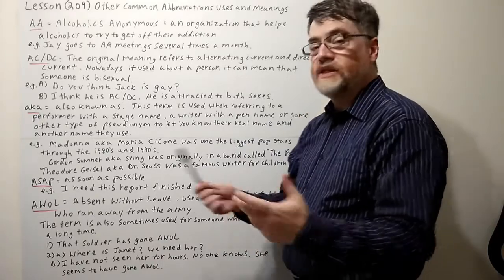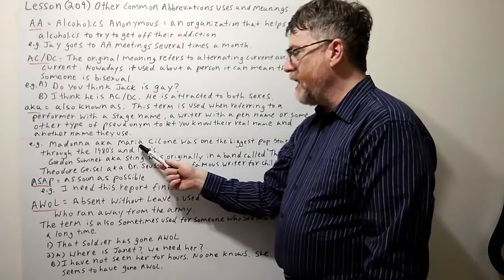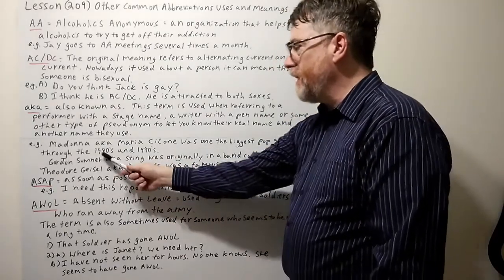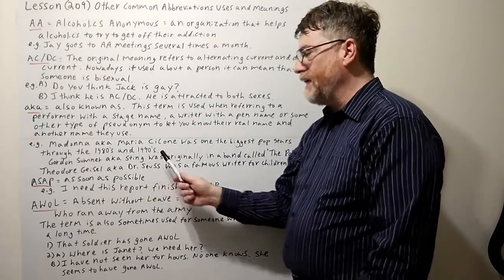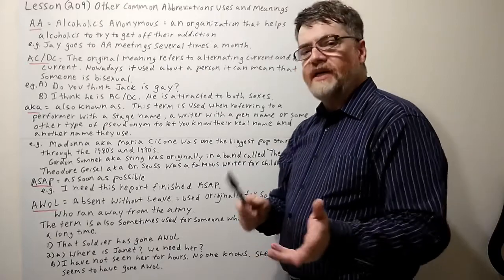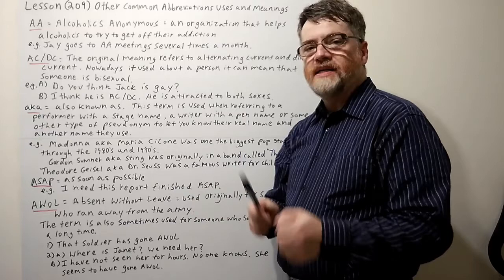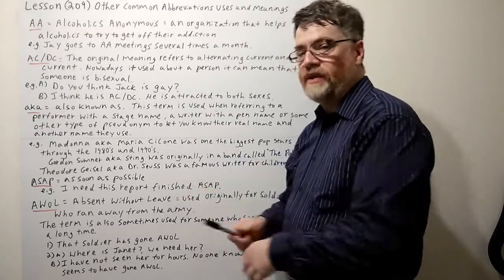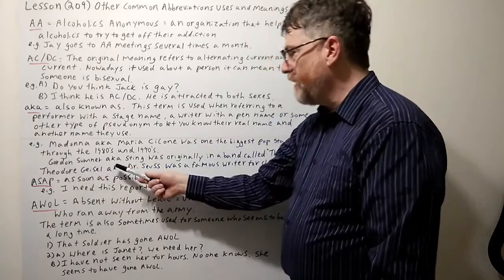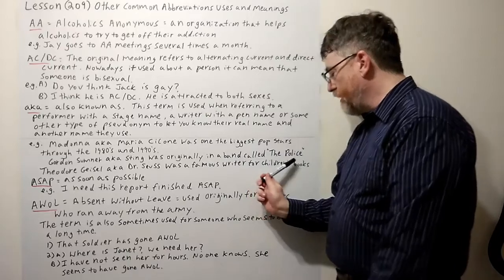So let's give some examples here. Madonna, AKA Maria Ciccone, was one of the biggest pop stars through the 1980s and the 1990s. So also known as has that meaning. You could read it either way. Sometimes people say A-K-A, sometimes people say AKA when they're reading it. Another example. Gordon Sumner, AKA Sting, was originally in a band called The Police.